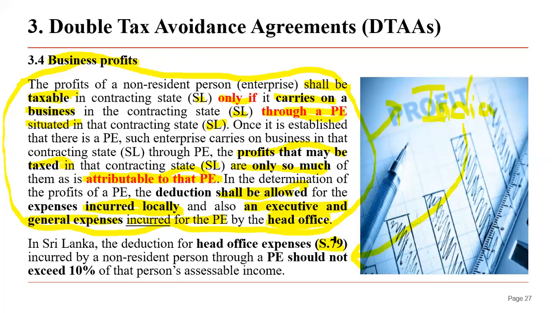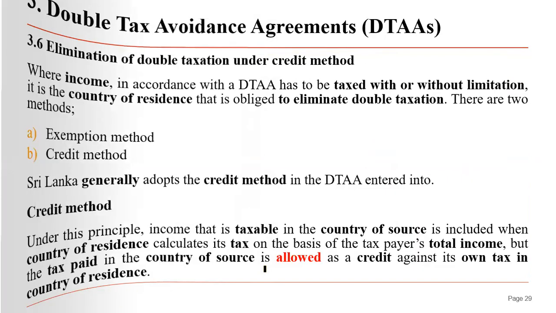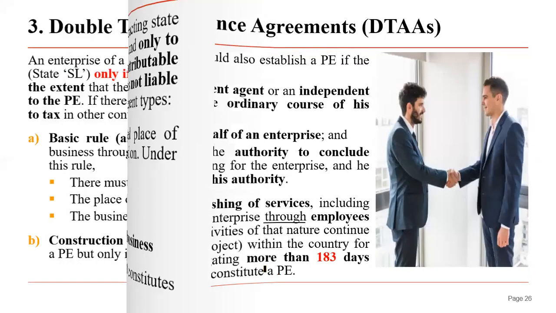Then it is subject to the 10% rule: the deduction of head office expenses incurred by a non-resident person for a PE should not exceed 10% of the assessable income of the branch. I think we discussed this part when discussing head office expenses.